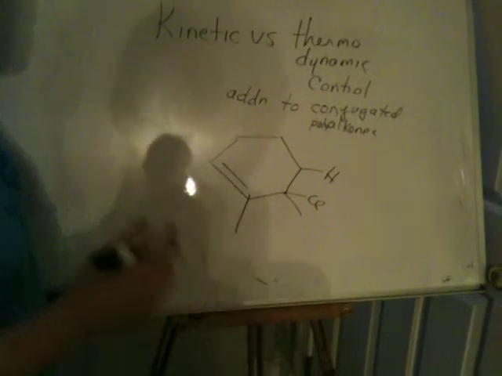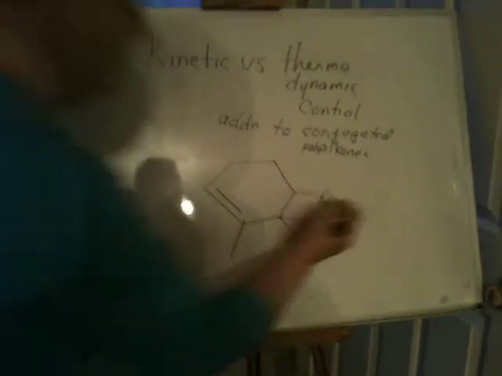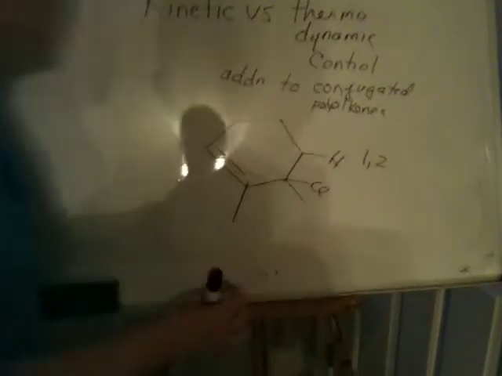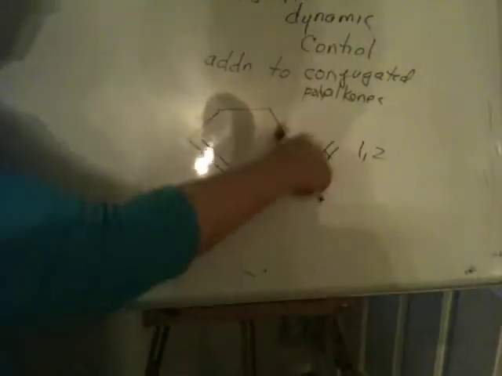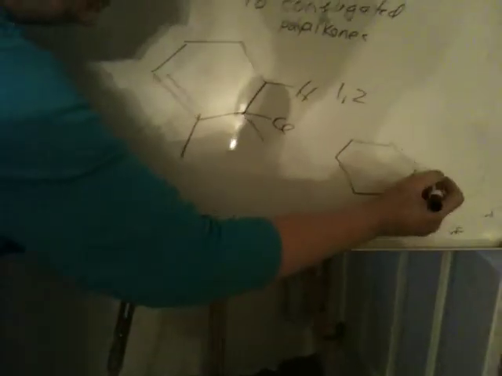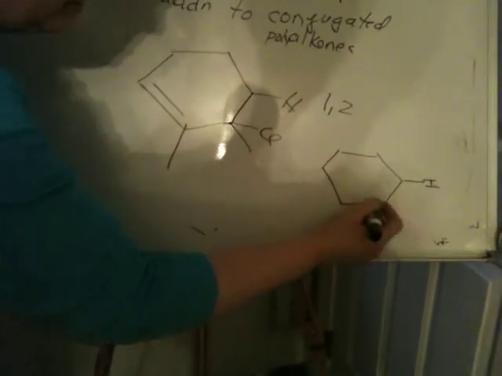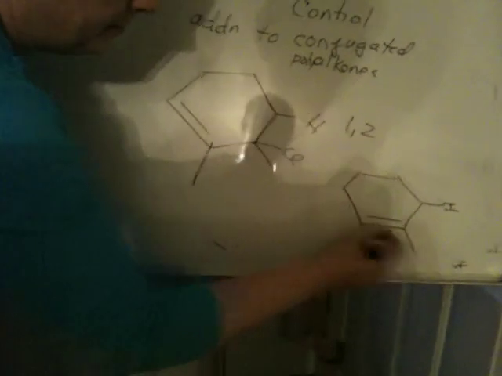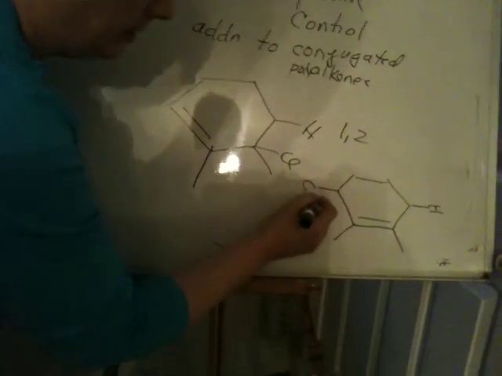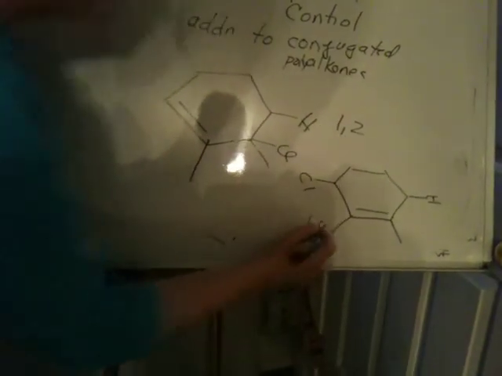That's the so-called 1,2 product. It's only called 1,2 because the H went into 1 and the chloride went into 2. And then the other product, because of the resonance, would look like this. The H would be here, the double bond here, and the chlorine here. This is the so-called 1,4. They're not always 1,2 and 1,4 products.